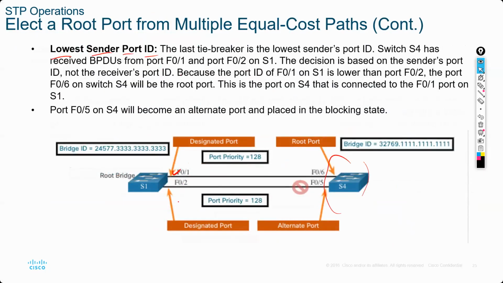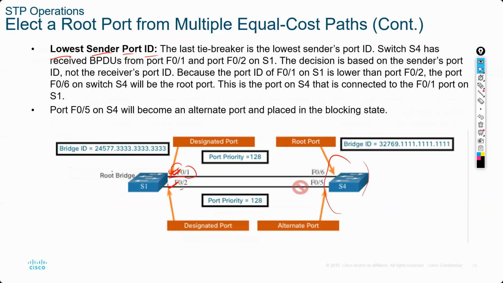One is port F0/1. The other one is port F0/2. And we have said in this class, when you are talking about switches, lower is better. That means F0/1 must not be blocked. When you are talking about port ID, F0/1 is of more value when you compare it to F0/2. So between these ports, port 2 is the one that we can block.